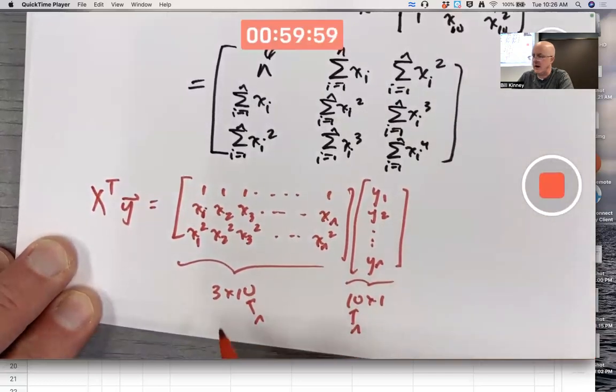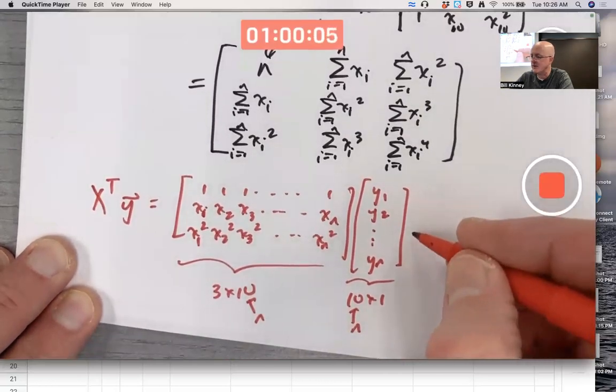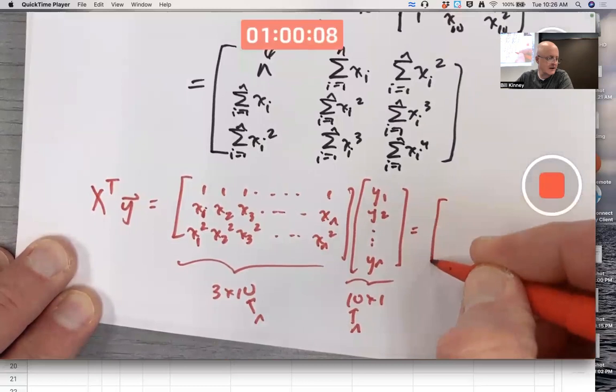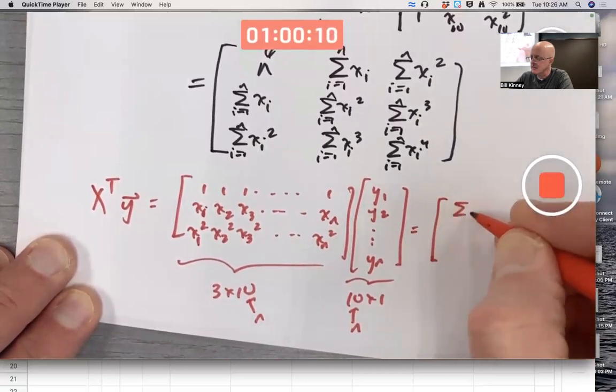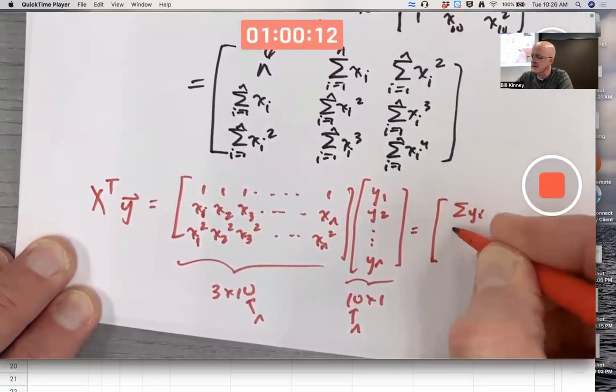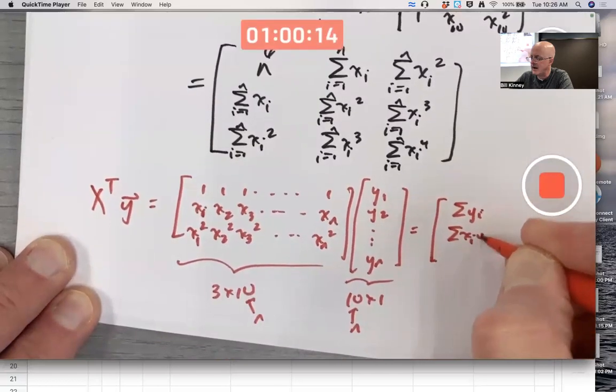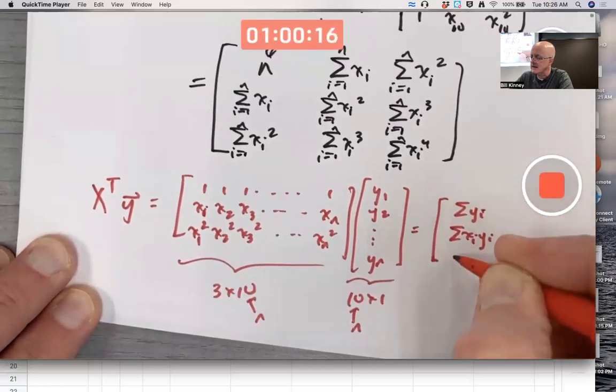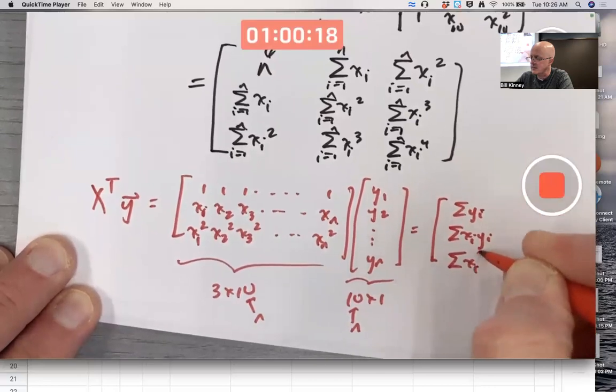In general, it would be a 3 by n matrix times an n by 1 vector. You can multiply them and you get a 3 by 1 vector. In fact, it's the other vector that I just showed you. Sum of the yi's for the first component, sum of xi times yi for the second component, and sum of xi squared times yi for the third.